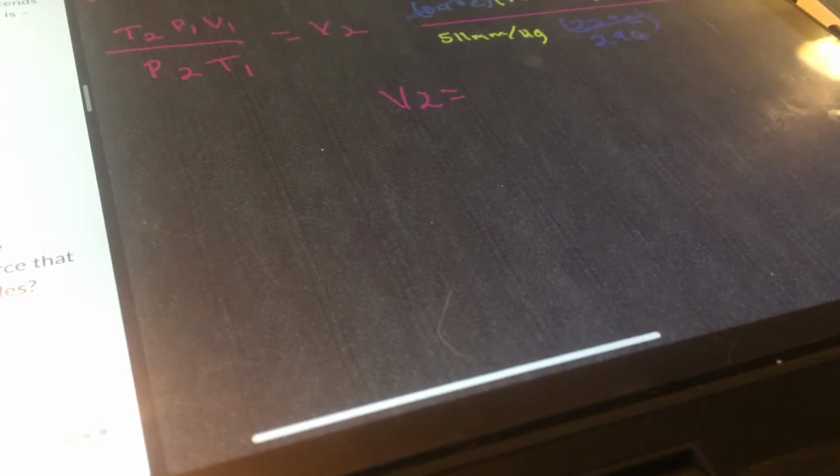Plugging it in, we have 219 times 760 times 233.